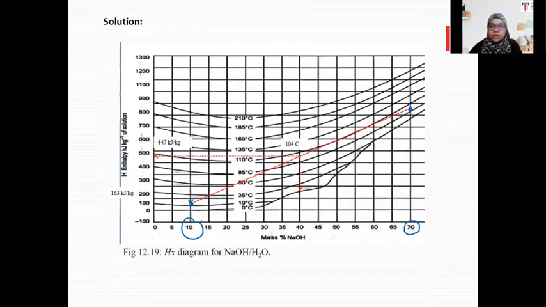We can draw a straight line between them. Then at 40%, you may refer to this line, and we can obtain the temperature, which also gives us the value of enthalpy.